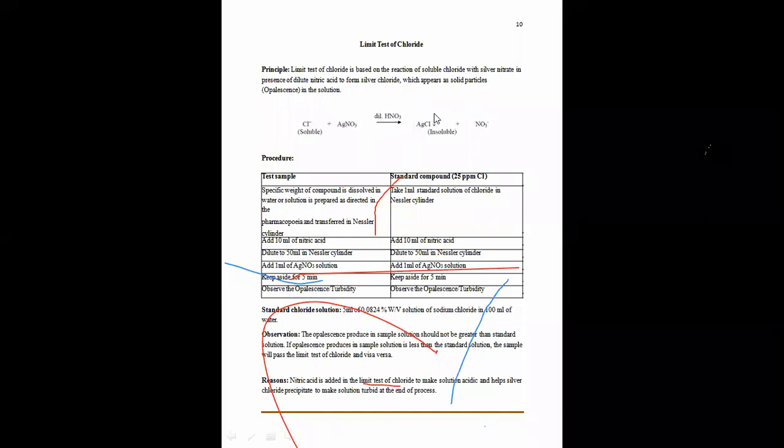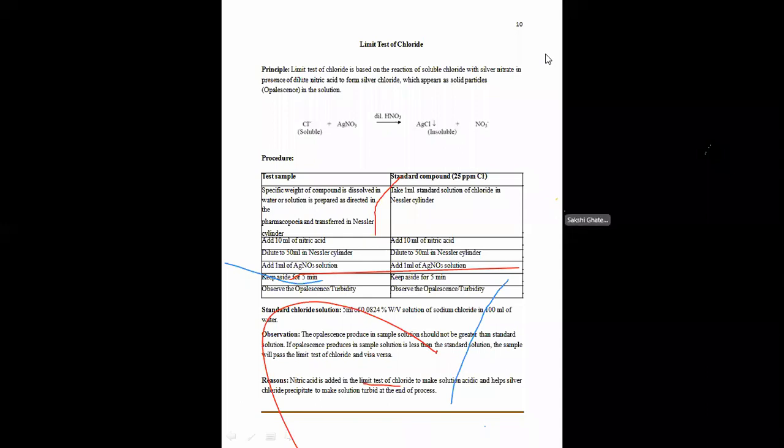Now, when the silver ions react with the chloride ions, there is a presence of opalescence, a dilute white type of precipitate formed in the presence of nitric acid.